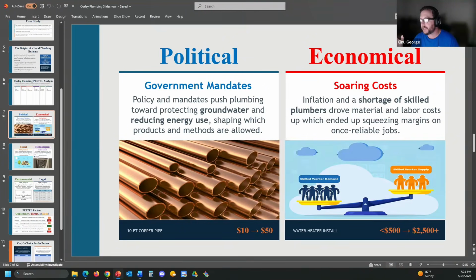So we might see something of a labor imbalance, real general macroeconomic threats. If there's not enough skilled trade workers and demand for plumbing is high, but the supply of young people entering the trade is low, that imbalance drives up the labor cost. It makes it really hard for Cody to hire new employees. So those are political and economic factors.